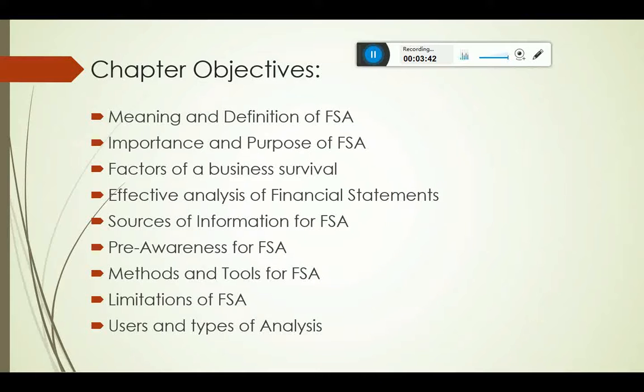So this chapter is of great importance, so I urge everybody to have a clear concept of all these topics so you are able to understand the upcoming chapters, and these topics will help you a lot in understanding the upcoming chapters and the entire subject of financial statements analysis. Alright, so let's get the ball rolling with the first lecture.